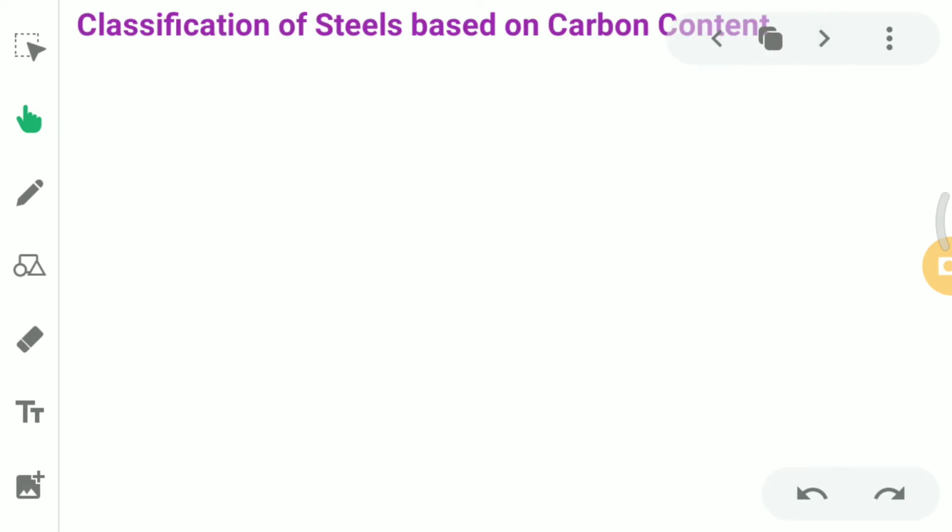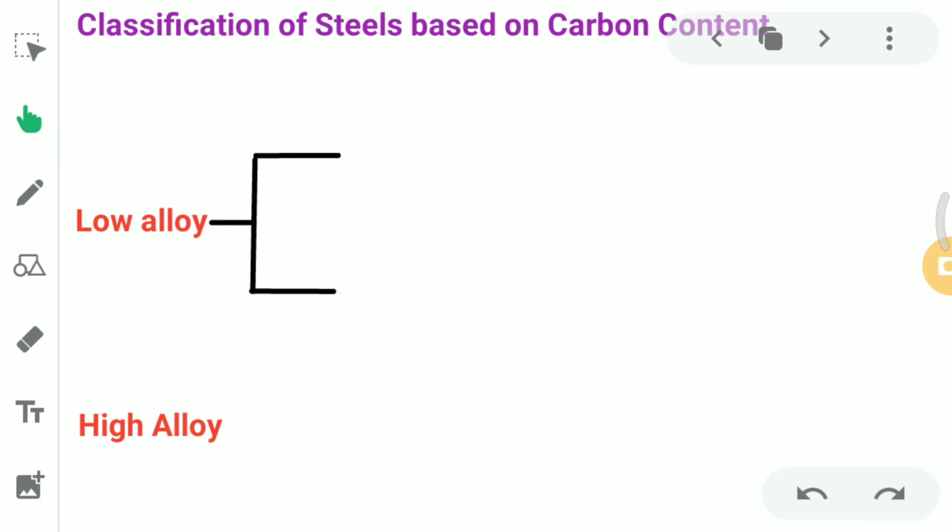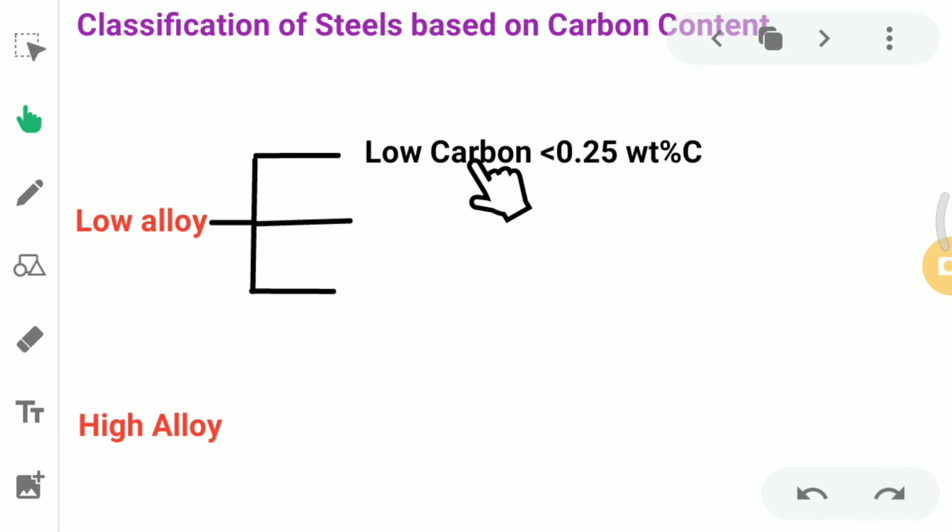Next, coming to the classification of steels based on carbon content, friends. Steels are classified into two types, friends. One is low alloy steels and the second is high alloy steels. Low alloy steels are again divided into three: low carbon steels, medium carbon steels, and high carbon steels.